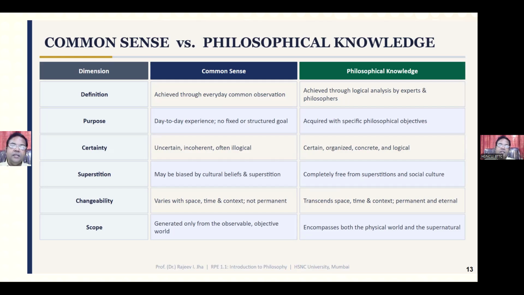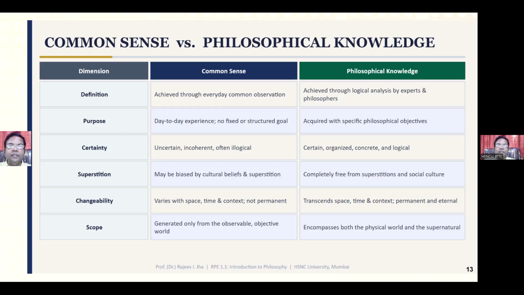Take the dimension of certainty. Common sense knowledge is frequently uncertain and illogical. Philosophical knowledge is certain, concrete, organized, and logical. Not in the sense that it produces unchallengeable facts, but in the sense that its reasoning process is transparent and its assumptions are explicit.